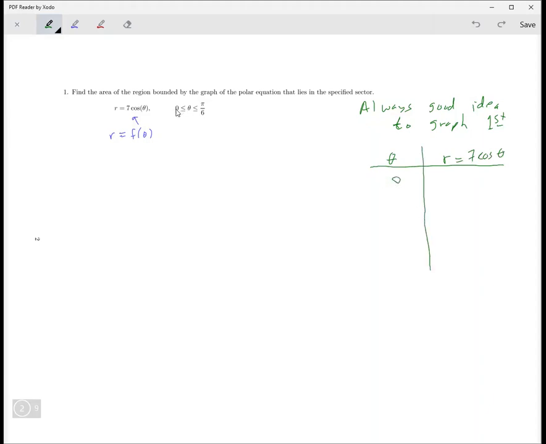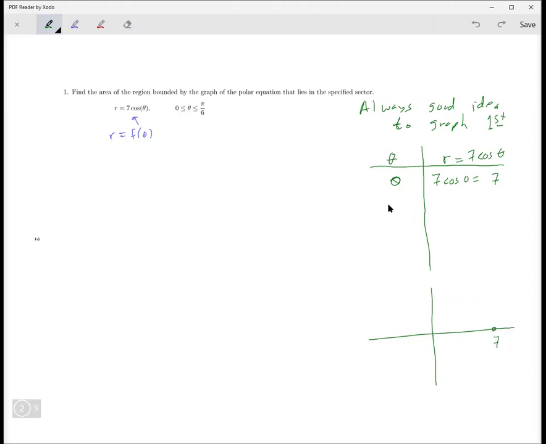We'll start with 0, since that's the starting point. 7 cosine 0 is 7, because cosine 0 is 1. So the angle's 0 and you're out here at 7.